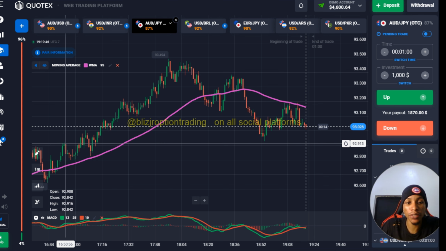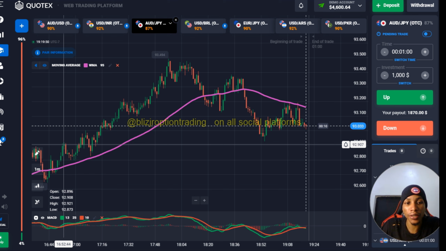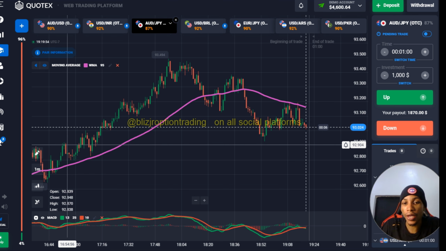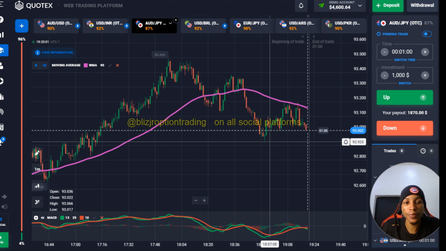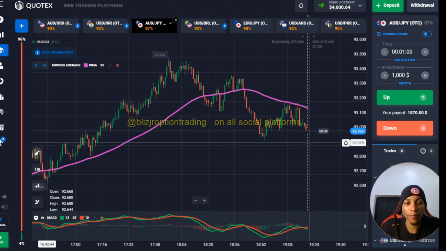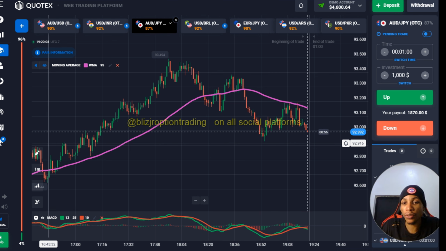So here at this particular stage is when the trend started moving up, and you can see the last down point here is exactly the point where the trade started moving up.